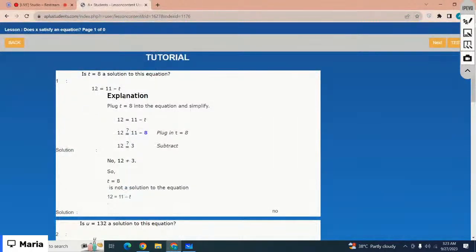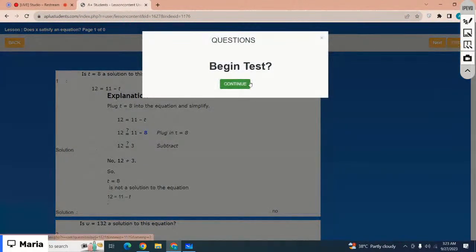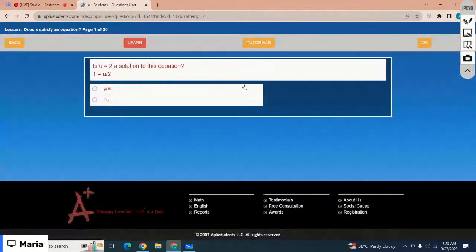Let's start with the practice questions. Okay, is u equals 2 a solution of this equation? Which is the correct option, yes or no?